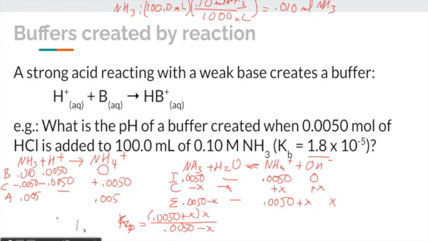Kb, remember, is only 1.8 times 10 to the negative 5. So again, I'm going to take these X's and just ignore them because they will not change that value very much. So that means X is just equal to 1.8 times 10 to the negative 5. And that is the OH minus concentration.